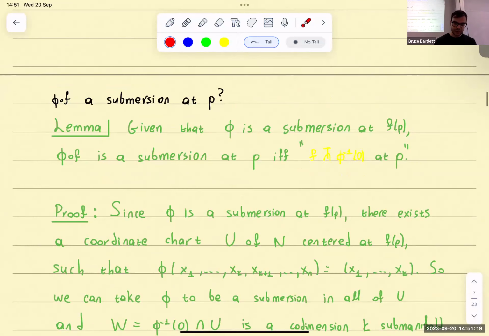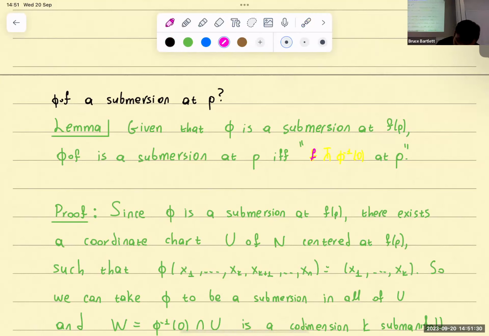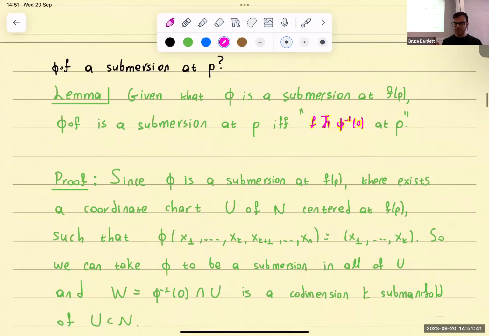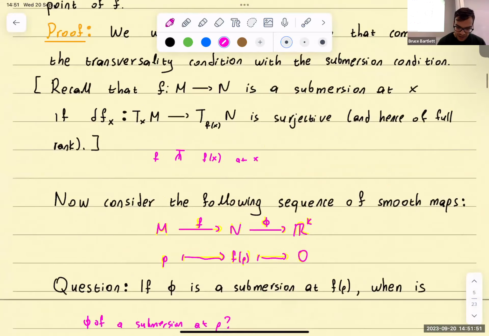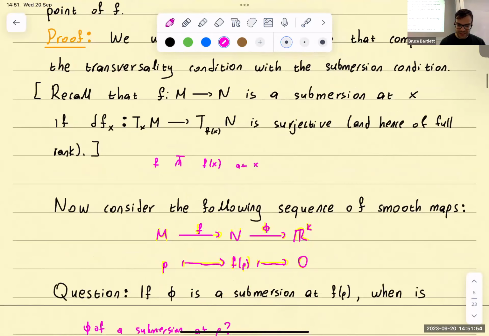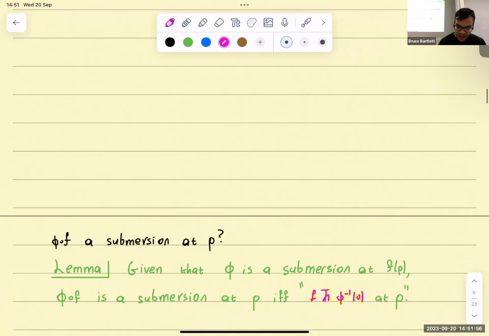But the lemma says that, given that Phi is a submersion at F of P, the composite is a submersion at P if and only if F intersects Phi inverse of 0 transversally at P. I put that in quotation marks because, strictly speaking, it's not entirely correct. This is the same mistake that I was about to make when I stopped myself from carrying on.